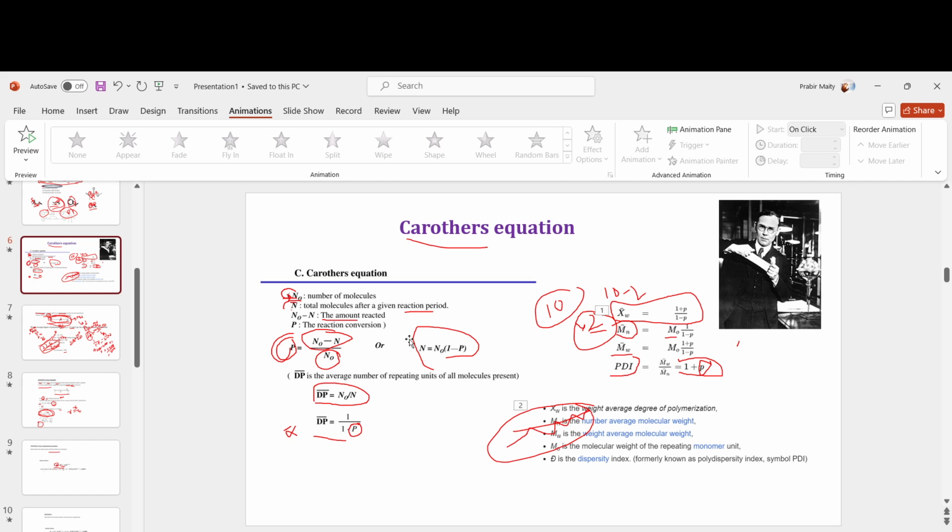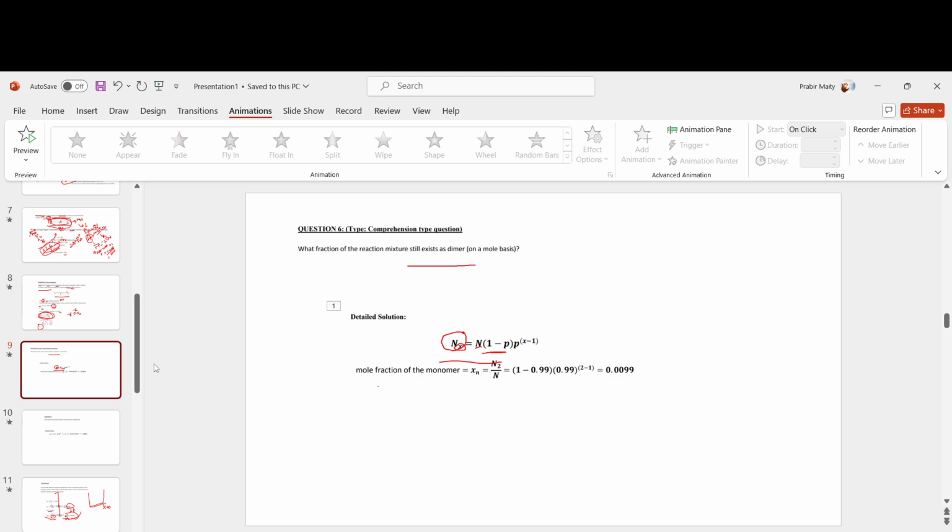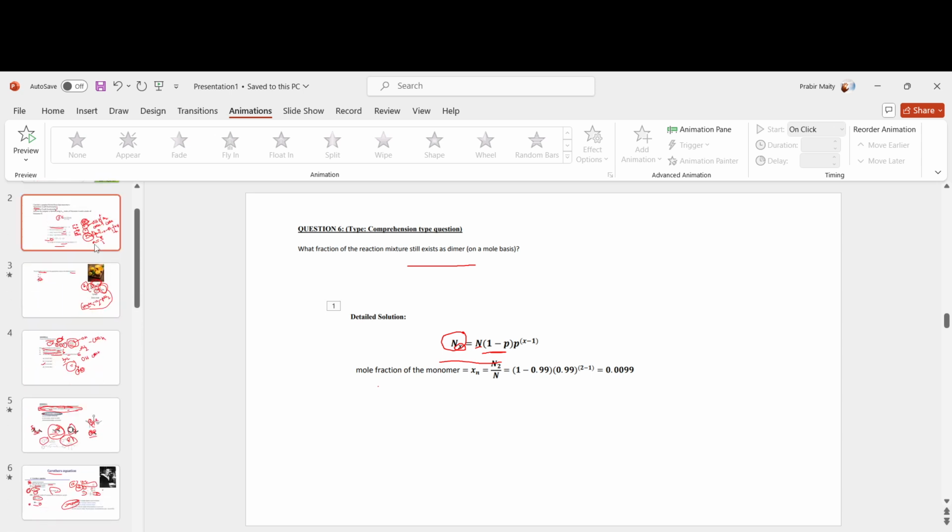If you know this, you can calculate easily. How the Carothers equation comes, and the relation between the reactivity ratio and the molecular weight or degree of polymerization, this topic I will do in the next classes.